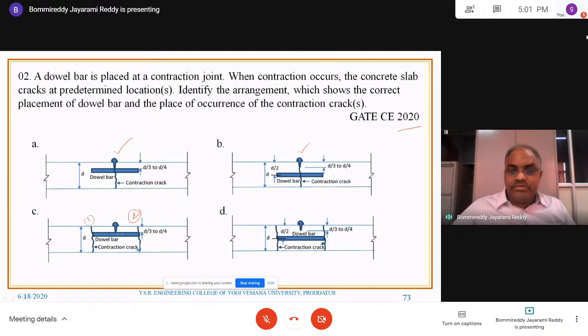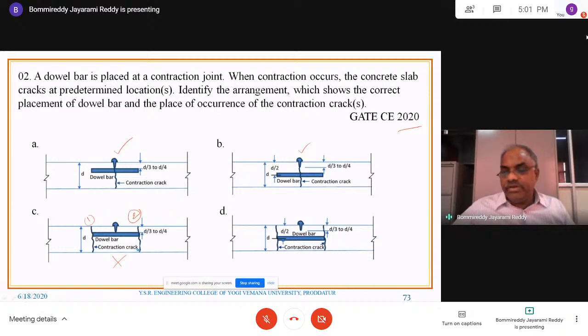Between the two cracks, there is no possibility of providing the dowel bar. Dowel bars are required only to prevent the cracks. But here the cracks are at a certain distance, and the bar is provided between the cracks. If the bars are provided between the cracks, there is no use of it. So reinforcement must be provided perpendicular to the development of the cracks.